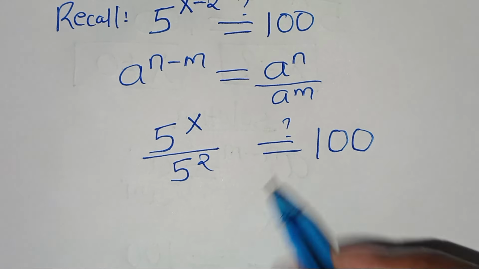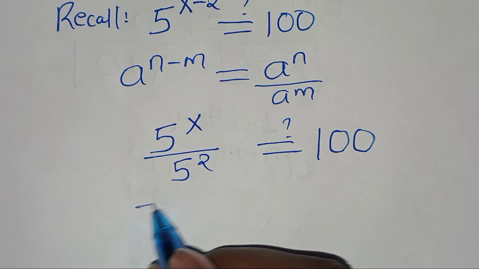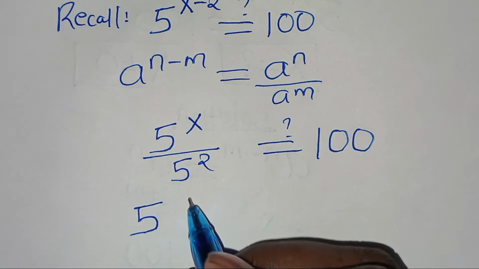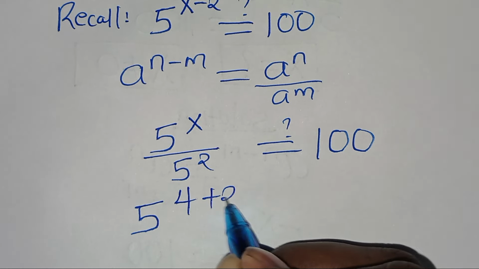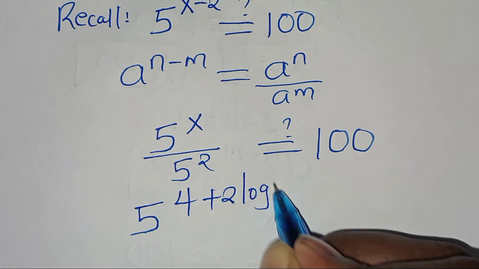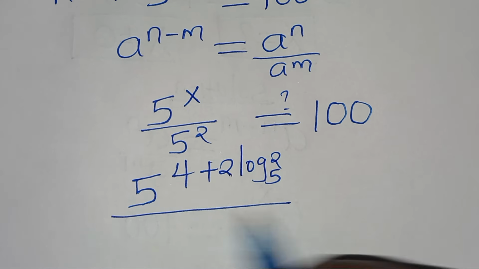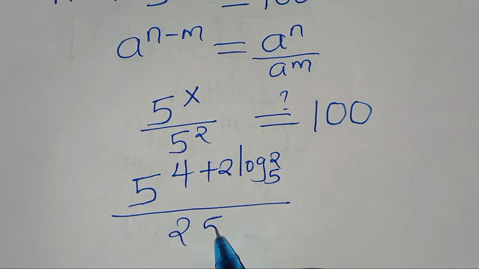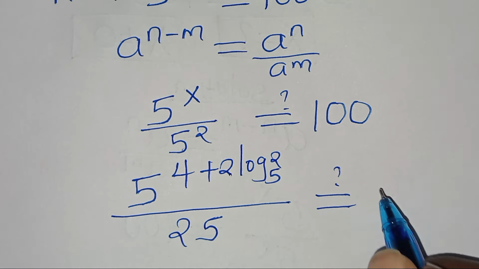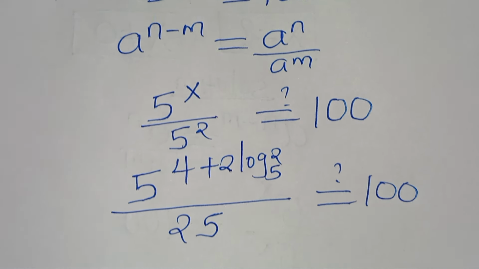So let's substitute the value of x. Here we have 5 to the power of x, which is 4 plus 2 log 2 to base 5, divided by 5 squared, this is 25. Then this should give us a value of 100.